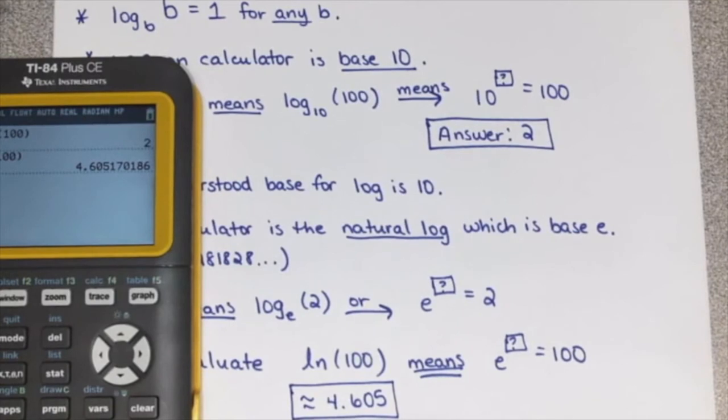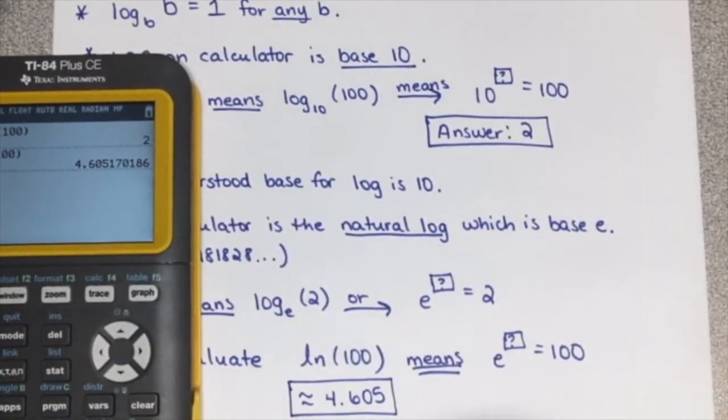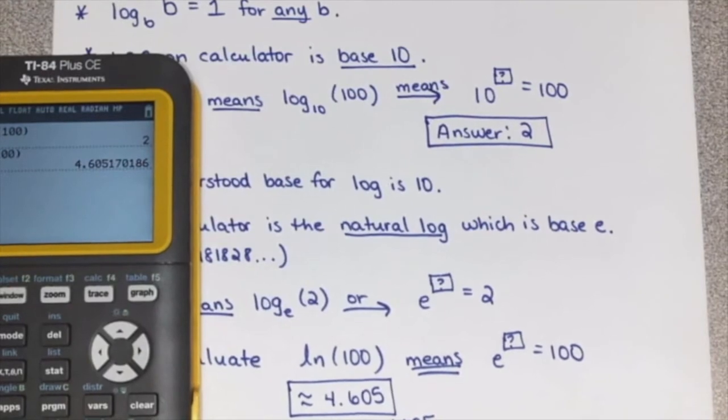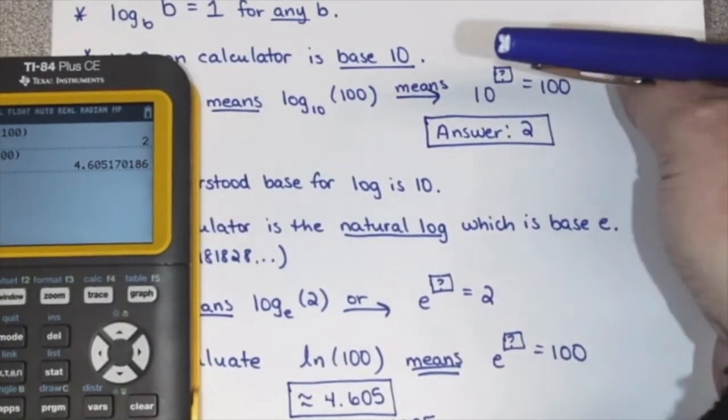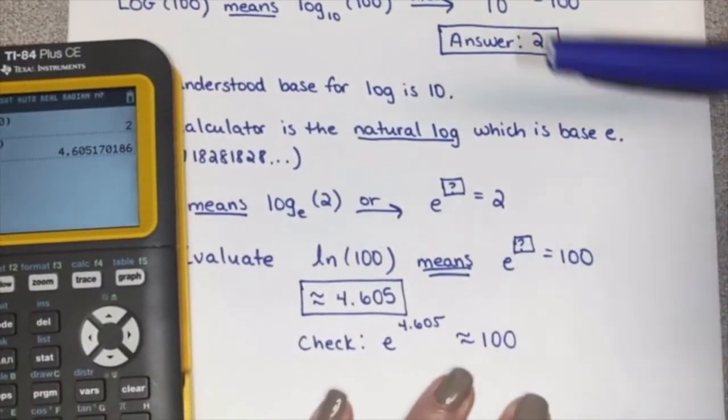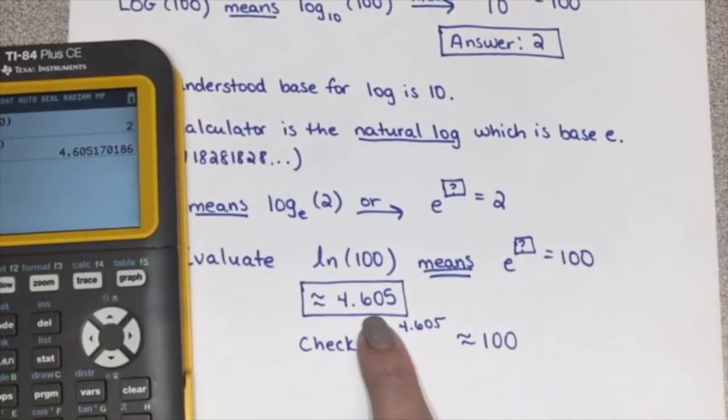Note that if we wanted to, we could check our answer. In other words, we could actually do e to that power, and we should get right about 100. Now, why doesn't it equal exactly 100? Because 4.605 has been rounded already, right?